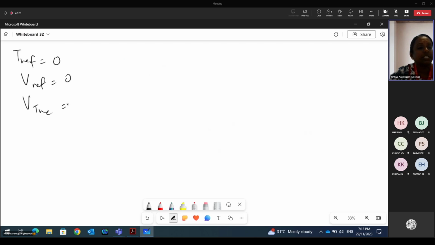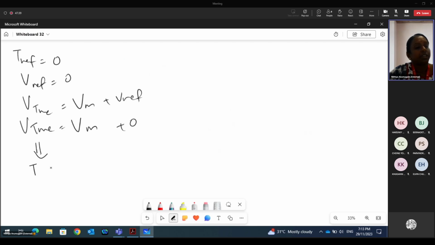Our V true is Vm plus V reference, so the V true is equal to Vm. The V true here is the corrected V, meaning at T junction. Earlier we calculated T junction; now T junction is given.